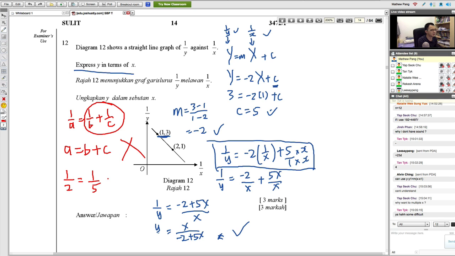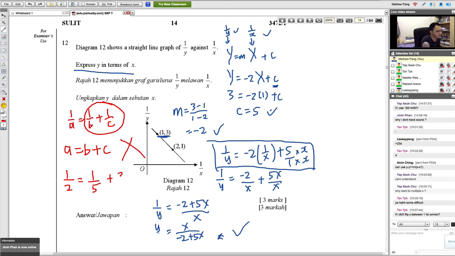This is 0.2, plus 1 over 6. How to get 0.3? 0.3 is 6 divided by 10, so 6 over 10, which is 3 over 5. Just some example.